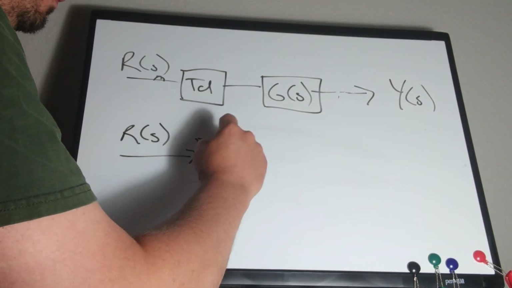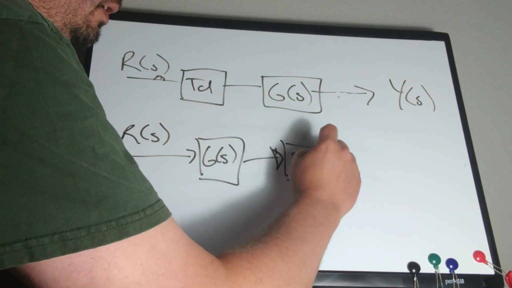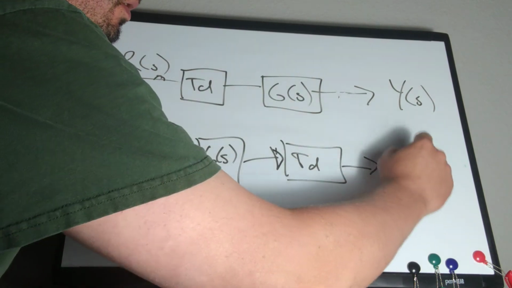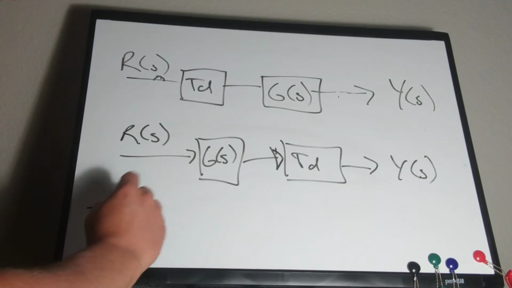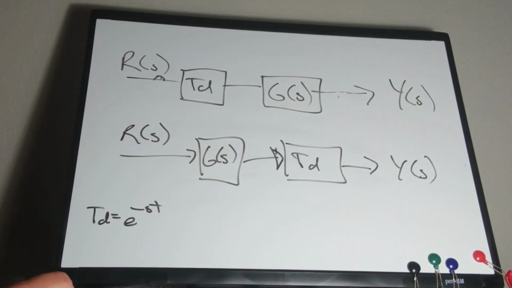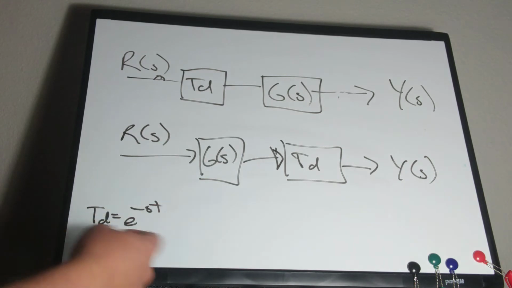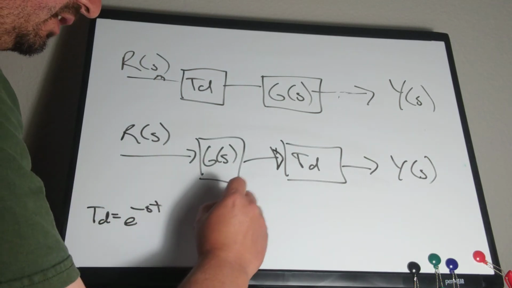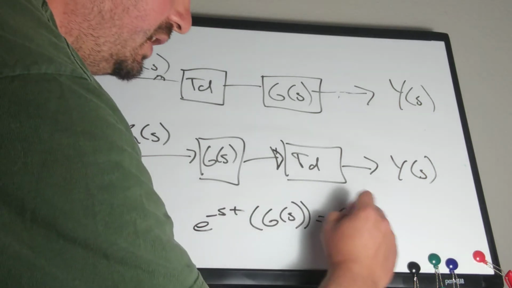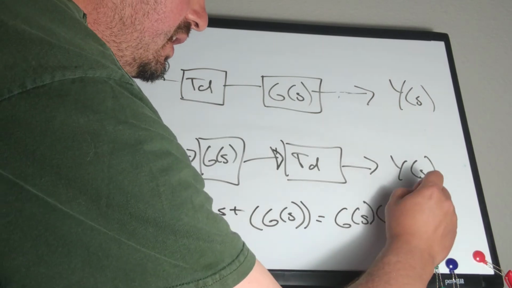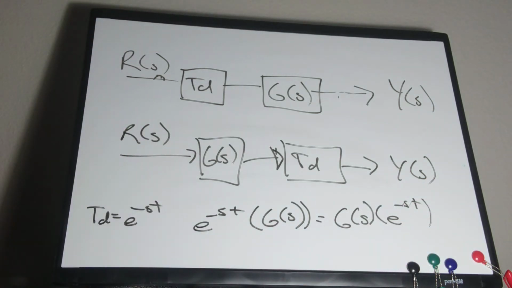We had G of s come first, and then our delay, with our time delay equaling e to the negative sT. Since the block functions are multiplication, we can see that e to the negative sT times G of s will in fact be the same as G of s times e to the negative sT. What does that mean?